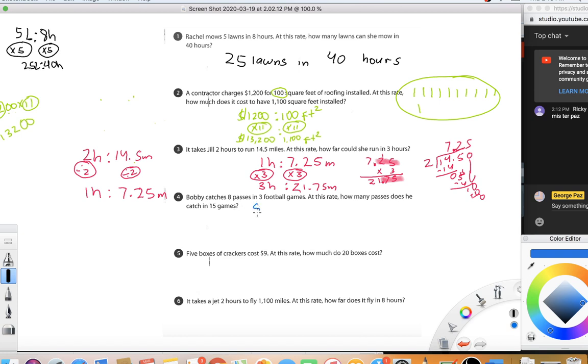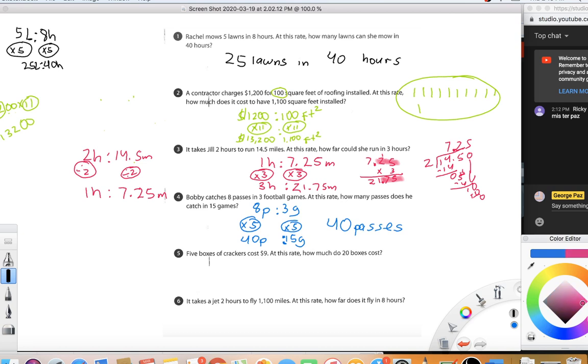Anyway, so we have 8 passes to 3 games, and we want to figure out how many passes he catches in 15 games. How do we get from 3 to 15? We multiply the 3 by a 5. 3 times 5 equals 15, so we do it on both sides. 8 times 5 gives us 40. That means he can catch 40 passes.